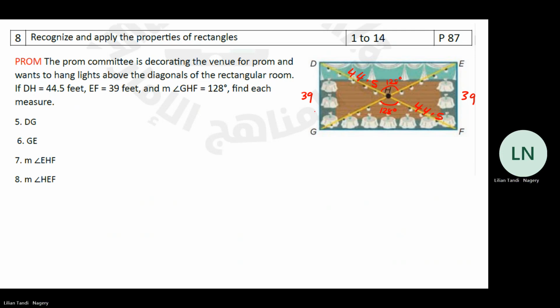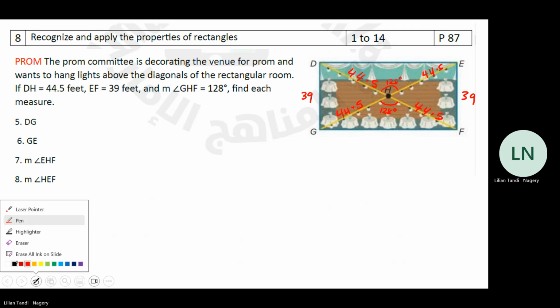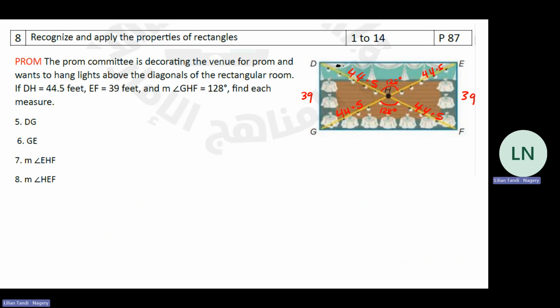So this is also 44.5, 44.5, 44.5, like that. And that means this angle here is the same as this angle here.